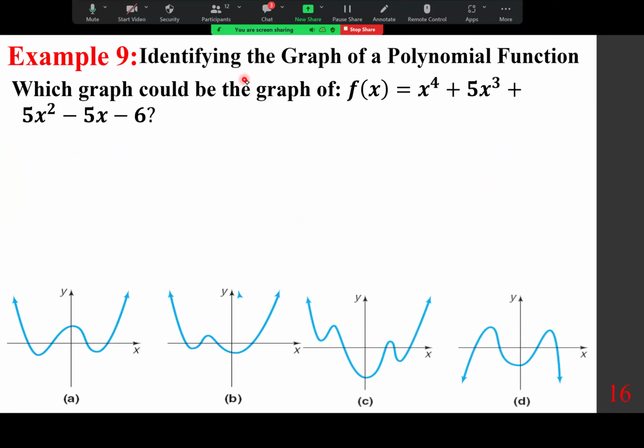Identifying the graph of a polynomial function, which graph could be the graph of f of x equals x to the power of 4 plus 5x cubed plus 5x squared minus 5x minus 6. So that's what we want to figure out, everybody.